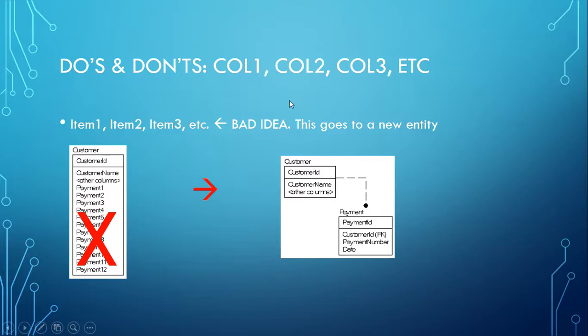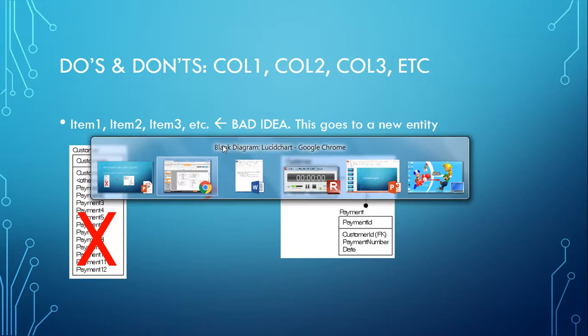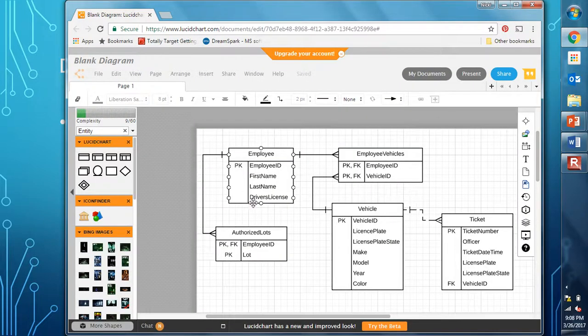So do's and don'ts of database design. If you ever have a table where you see yourself adding item 1, item 2, item 3, this is a really bad idea. So if we had decided to put in the employees table vehicle 1 license plate, vehicle 1 make, vehicle 1 model, vehicle 1 year, vehicle 2 license plate, vehicle 2 make, vehicle 2 model, that's a bad thing.